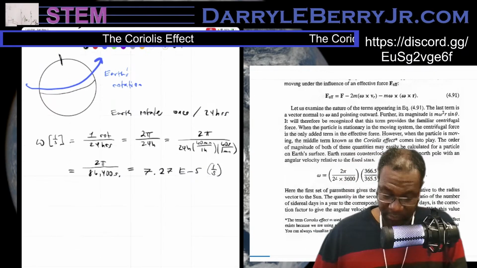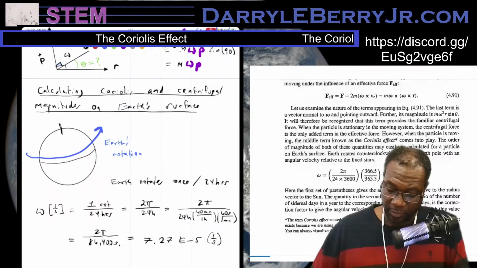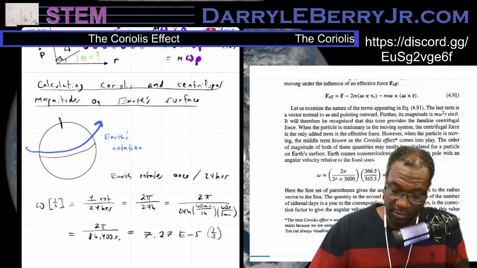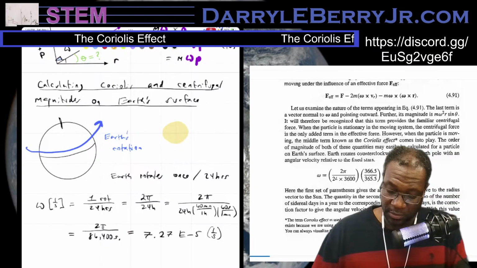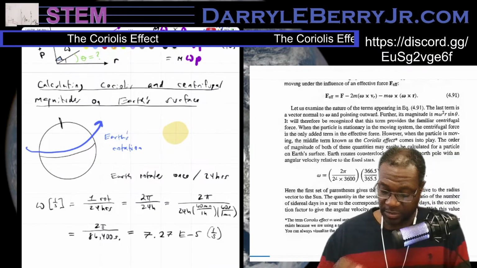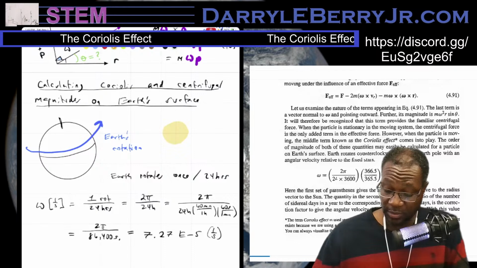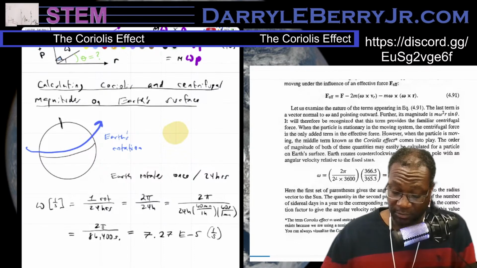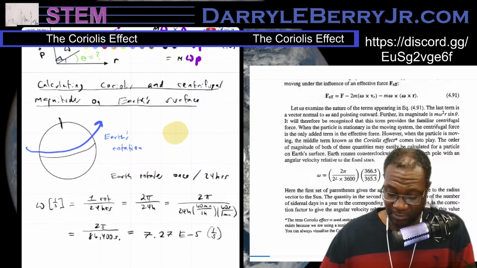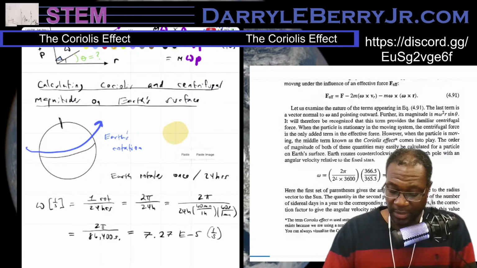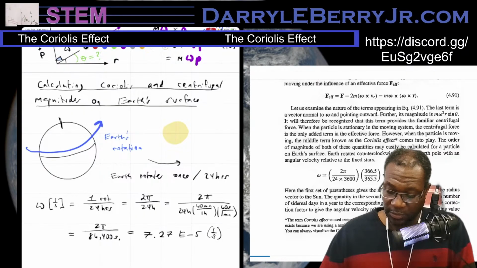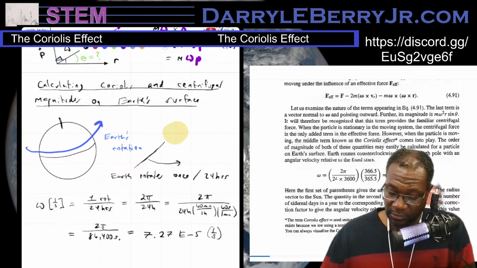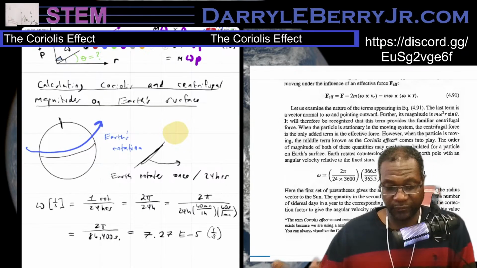To show you what I mean, the Earth is rotating around the sun. We'll make the sun here, of course not to scale. And as the Earth is going this way, it moves here before it completes its full turn.